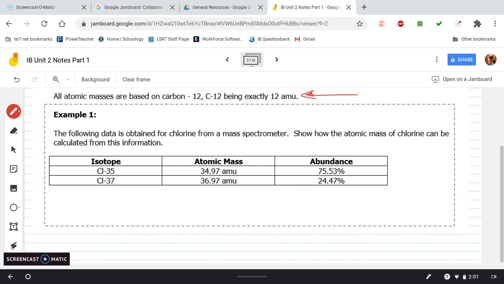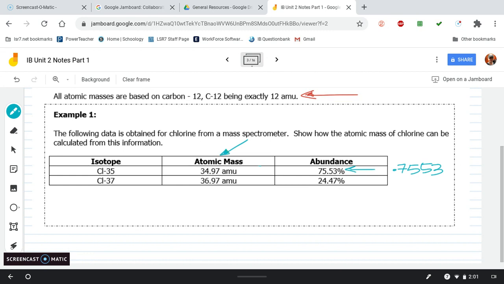So remember, when we put these things in our calculator, we're going to have to divide by 100 to get them into a decimal form. So if I want that in a decimal form, it's going to be 0.7553 for my calculator.